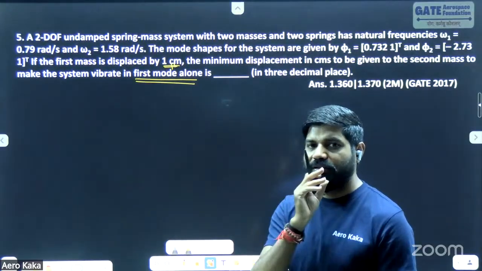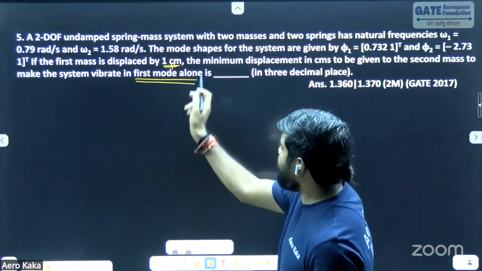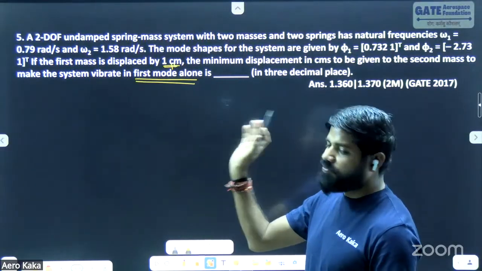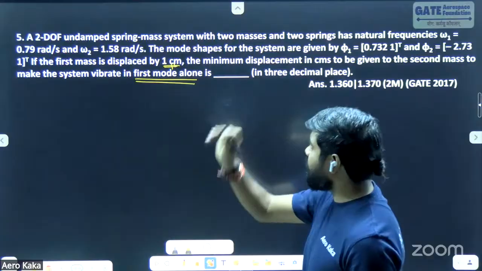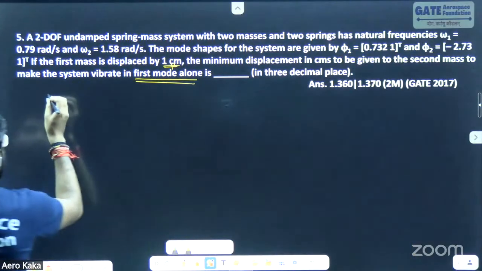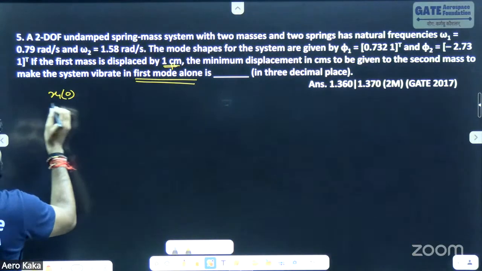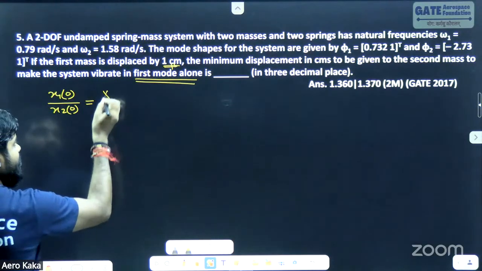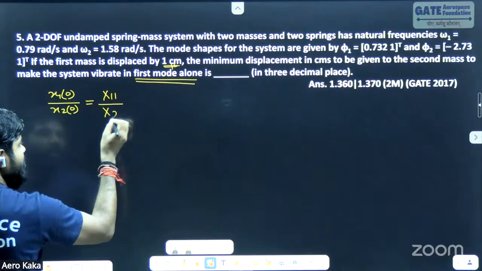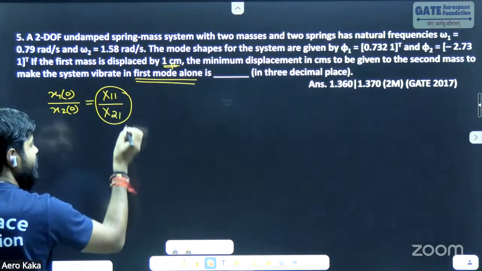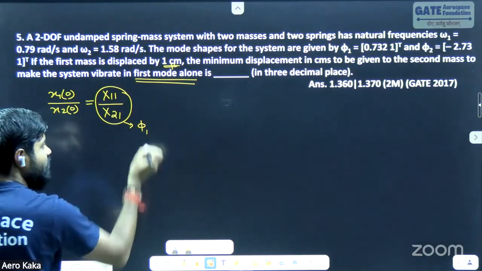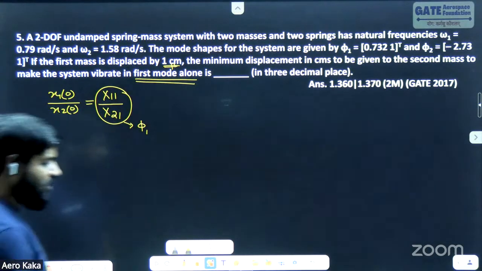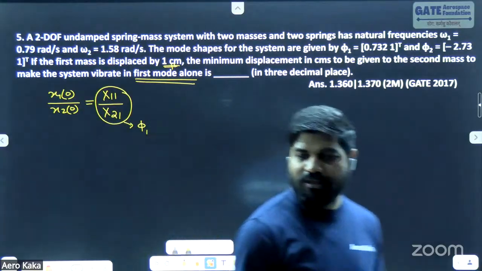If we want to make the system vibrate in first mode alone, it has to satisfy which condition? X10 divided by X20 is equal to how much? X11 upon X21. What is this X11 upon X21? It corresponds to the phi 1 only. Find out. Hardly it will take 1 minute to answer these kinds of questions.